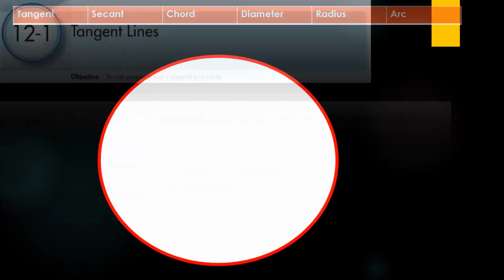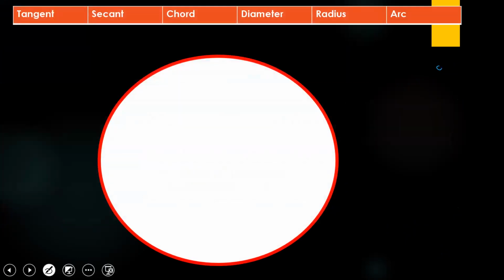Now, so far we talked about many things. We talked about an arc, radius, diameter, secant, chord, and tangent. All of these are things related to the circle. So let's see now what the differences between them are. We know before that any circle has a center in the middle.